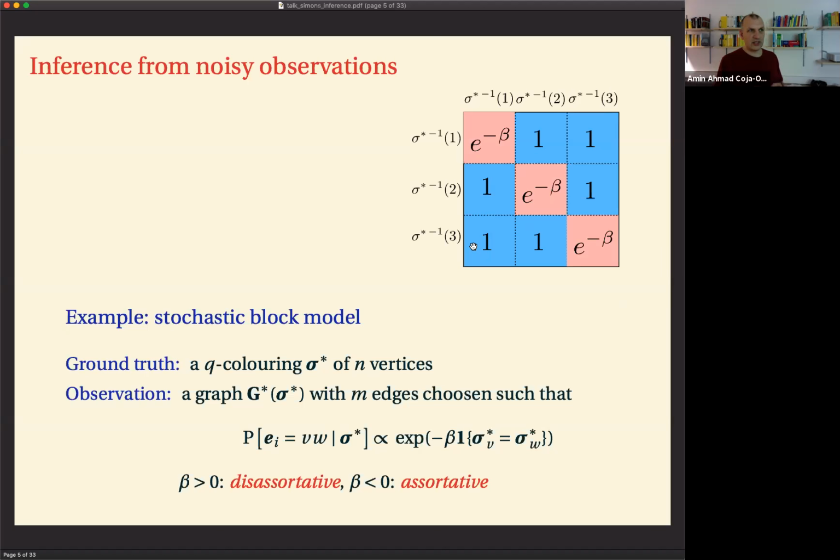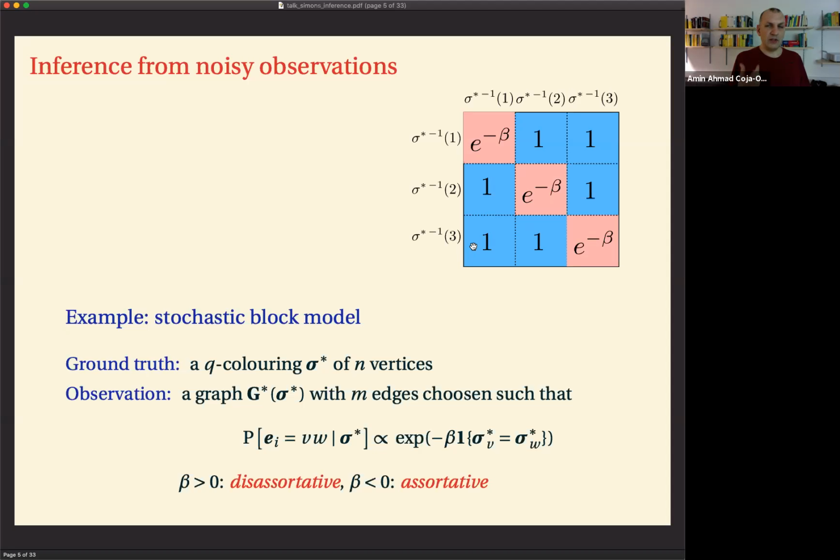And in the second step, we would create a random graph where the probability that two vertices are connected by an edge depends on whether they share the same color under this coloring sigma star from the first step. And there are two different versions of this model. In the disassortative version, we would discourage monochromatic edges, kind of like in the Alon-Kahale coloring model, where we outright forbid them.